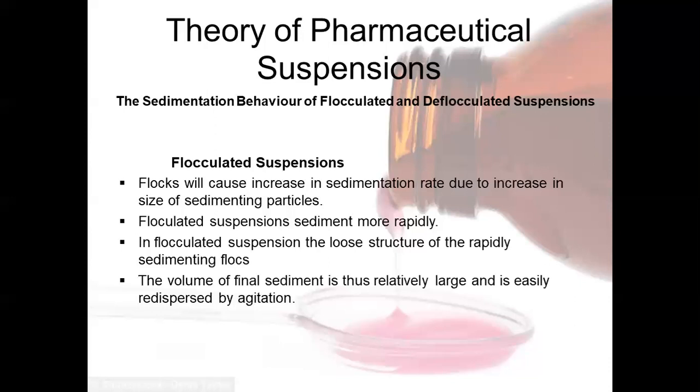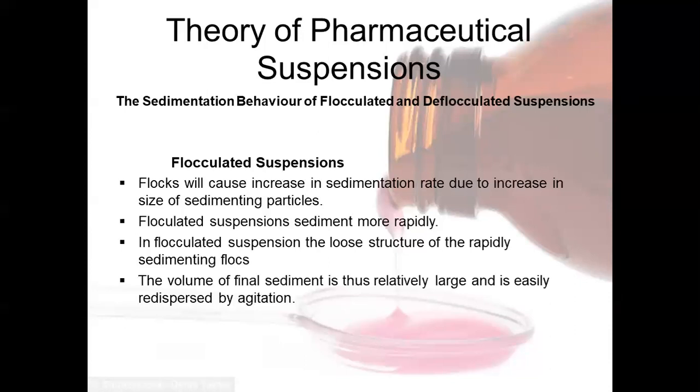For deflocculated, the rate of sedimentation is slow as the size of particles is small. But in flocculated systems, the rate is high as flocks are collections of smaller particles, of higher size. For deflocculated systems, particles settle independently and separately. But in flocculated systems, particles settle as flocks.